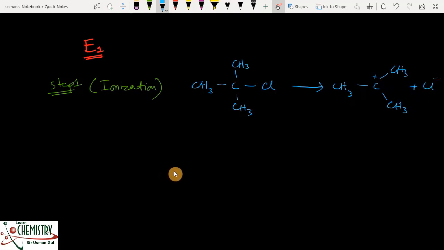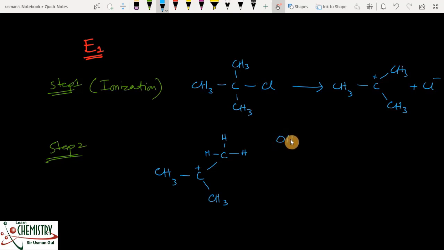In step number 2, I will just draw this carbocation in this way. You can see what I am doing here: I just expanded one methyl group, but the other two I didn't expand. Since we are talking about the elimination reaction, here we have a strong base instead of a nucleophile.